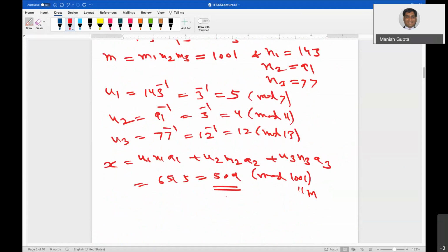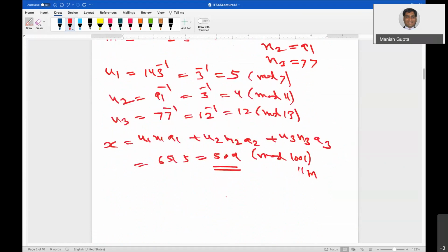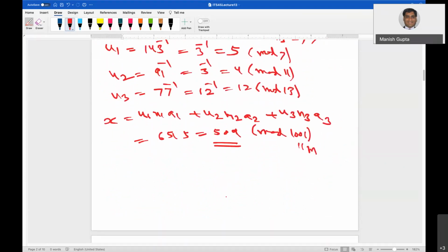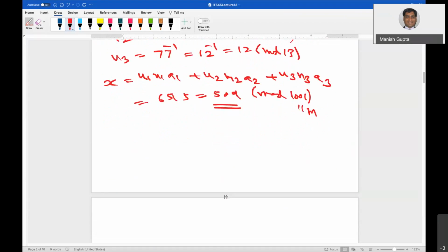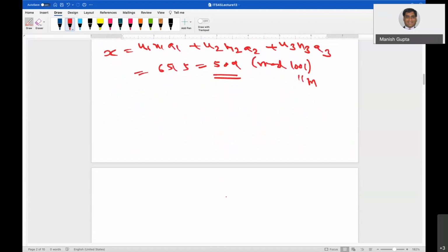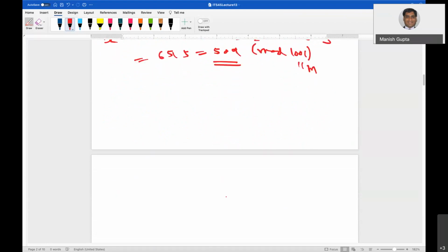Now I'm going to use this Chinese remainder theorem as an application at a couple of places, so you should know this procedure. Now I'm going to mention something really very interesting known as polynomial congruences.